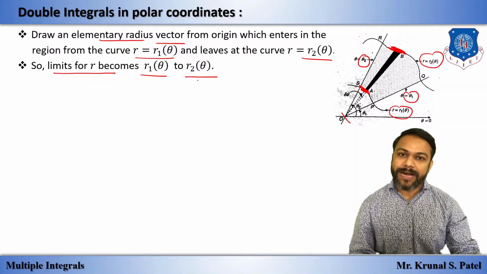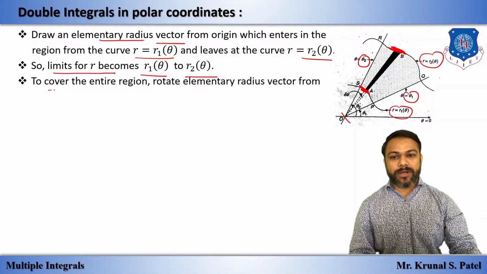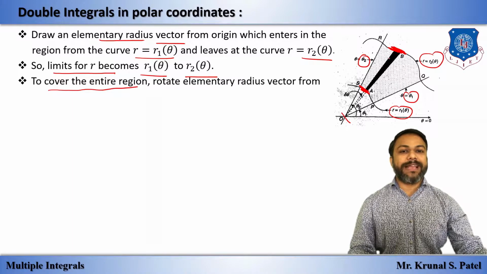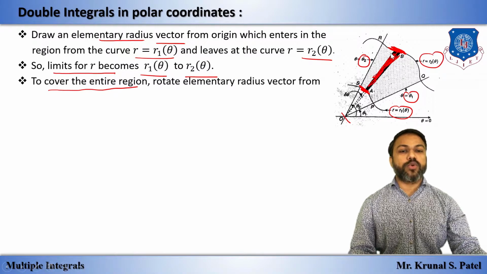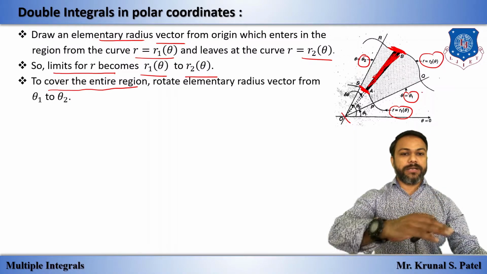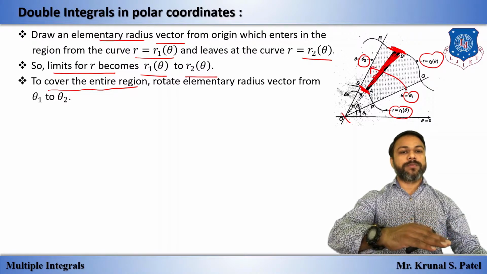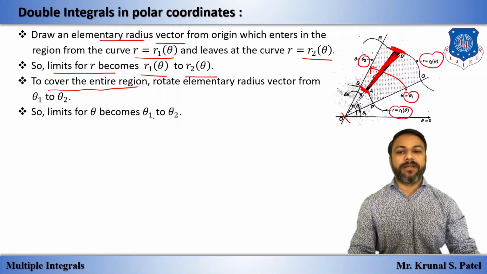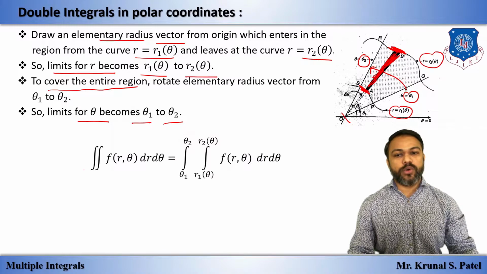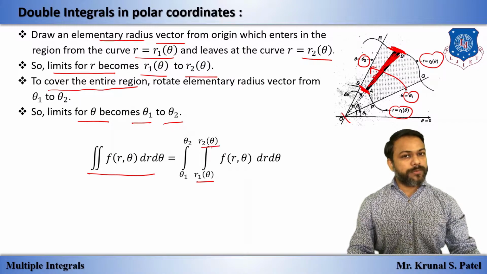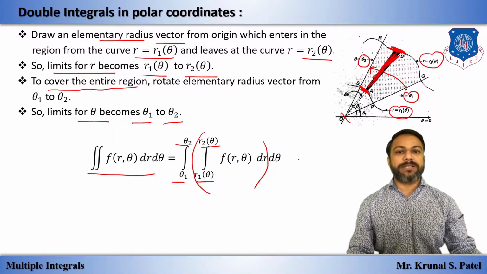To cover the entire region, rotate the elementary radius vector, which is called the elementary radius vector, from theta 1 to theta 2, which are our limits of theta. So the integration of f of r, theta, dr d theta has limits r1 to r2 for r, and theta 1 to theta 2 for theta.